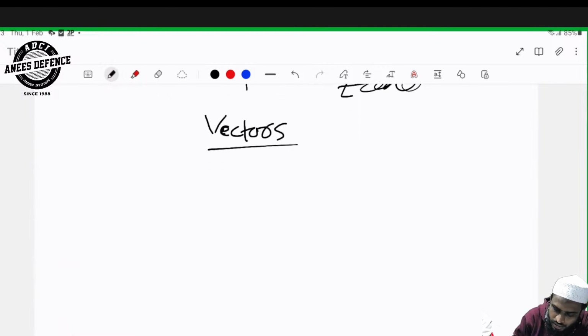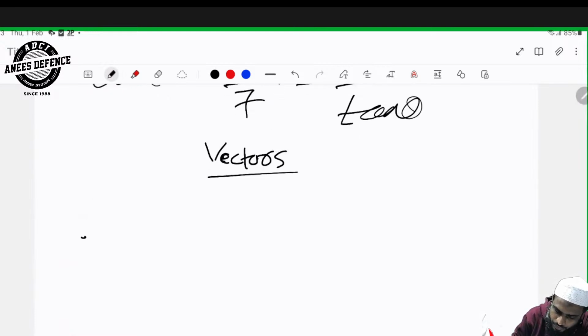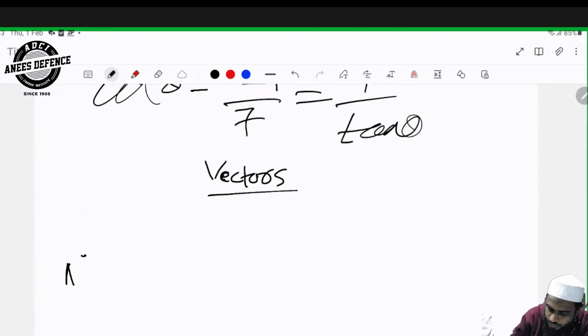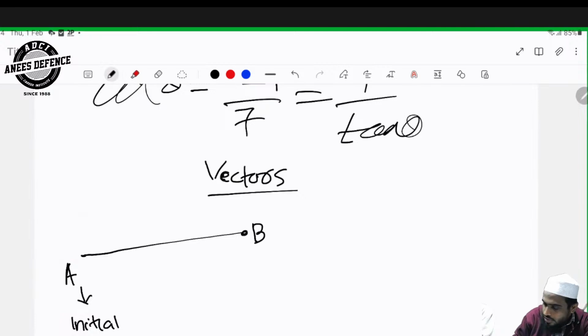For example, here we are starting from this point A. Now we are moving to this point B. So this A is known as the initial position. This B is known as the final or terminal position.